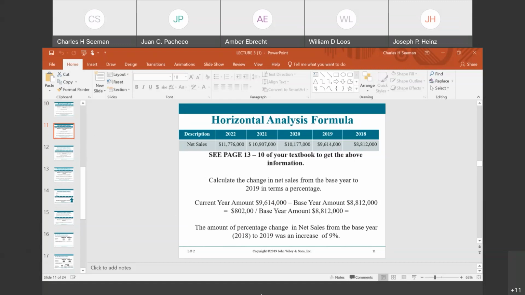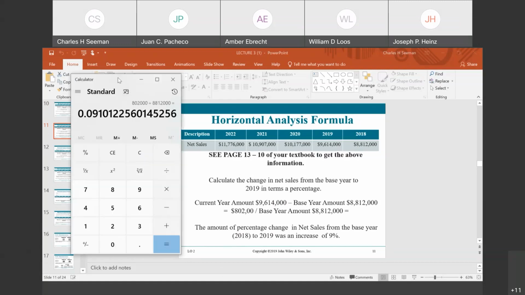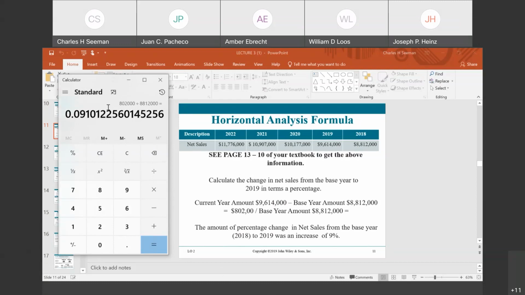So we can also do net sales. We can do it on any element of either the balance sheet or income statement. By element, I mean assets. We could do it on total liabilities, on stockholders' equity, on revenues, on expenses, on net profit. We could also do individual items.